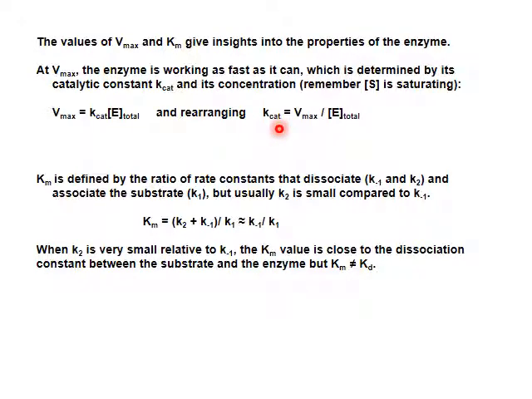So now we have a kcat. From the Michaelis-Menten plot, we get Km.